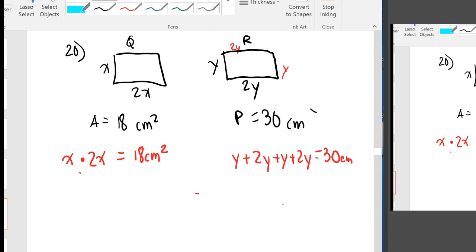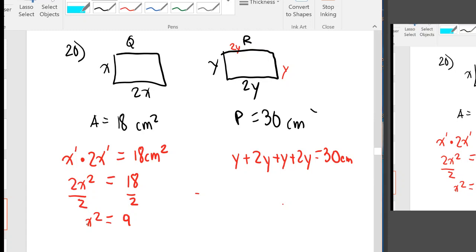So if I do x times 2x, you guys learned your exponent rules, so this will be 2x squared equals 18. All right, then I want to do inverse operations: divide by 2, x squared equals 9. Something times itself gives me 9.